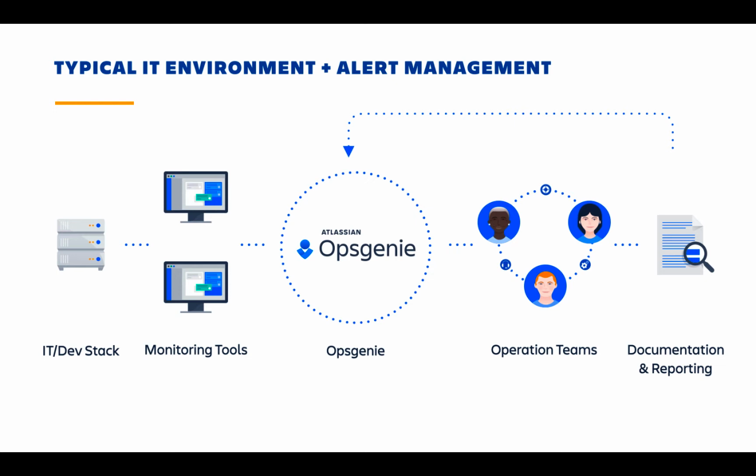So if you take an action in one system, it's going to be recorded in Opsgenie as well. If you take action in Opsgenie, it's going to be recorded in your monitoring tool, whether that be Datadog, whether that be Nagios, etc. Opsgenie follows the entire life cycle of the alert, all actions taken to respond to or resolve that alert, and records that in your logs and in our reporting.